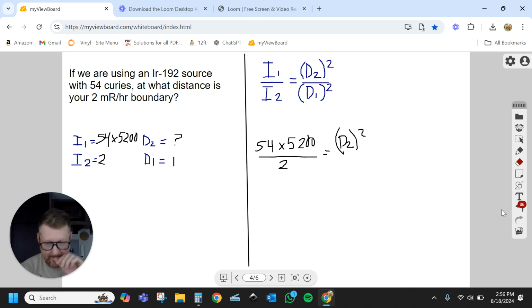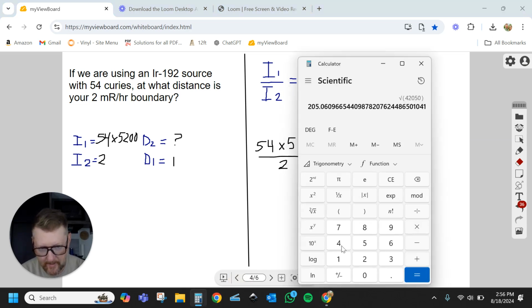The 1 just is nothing. It's just a placeholder. So now we've got D2 squared equals 54 times 5,200 divided by 2. We can solve this pretty easily just by going 54 times 5,200 equals 280,800. It's also divided by 2, so might as well just divide it by 2 while we're here. The answer is 140,400.